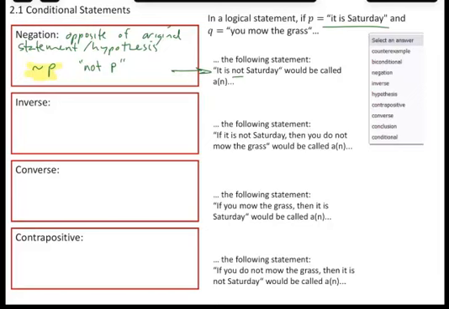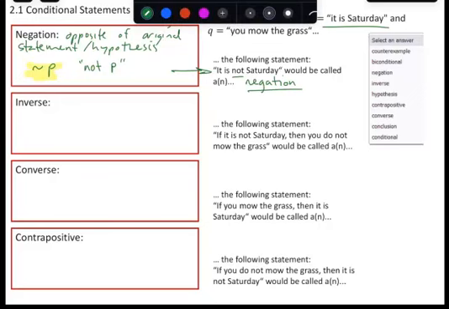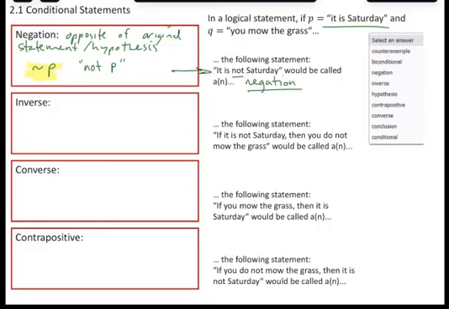That's the only part that's changed, and this would be referred to as the negation. If you have the whole statement, if it is not Saturday, then you mow the grass, that is still a negation. It's only taking the opposite of the original hypothesis.